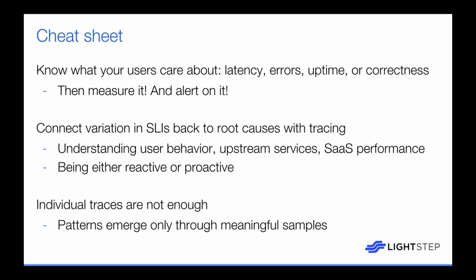That would be in other RPC calls. It could be calls to big libraries that are doing a lot of work. You can also think about doing some analysis of the tags and logs within the spans. That's not something I've seen a lot done in tracing, but there's a lot of data there that you can really mine to understand what's happening within the span itself.